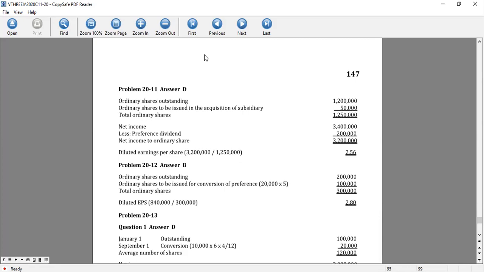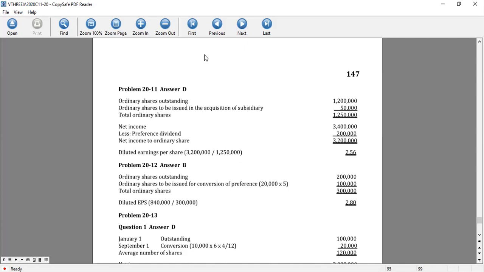In June 2019, the entity is required to issue 50,000 additional ordinary shares on July 1, 2021 to the former owners of the subsidiary. So the ordinary shares to be issued in the acquisition of subsidiary is 50,000.